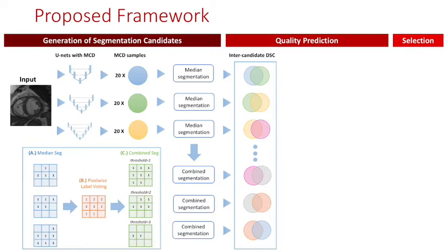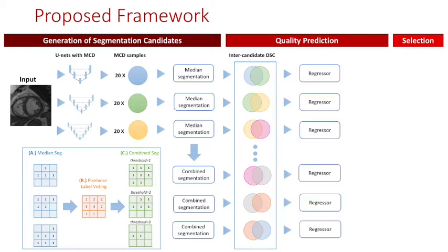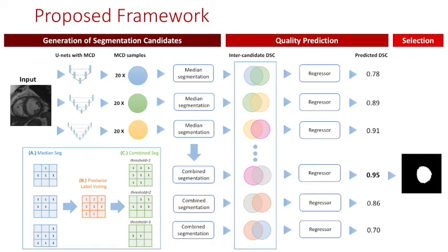Then all the inter-candidate DSC values are supplied to a regressor implemented for each segmentation model to predict the ground truth DSC, which is the DSC measured between the candidate segmentation and the ground truth manual segmentation. The last stage of this framework is to select the optimal final segmentation by choosing the candidate with the highest predicted DSC. This on-the-fly selection mechanism can improve segmentation robustness.